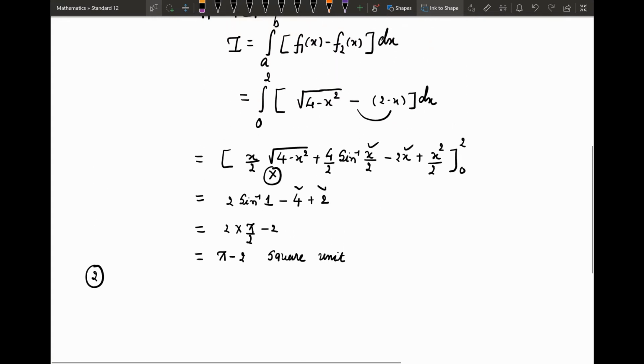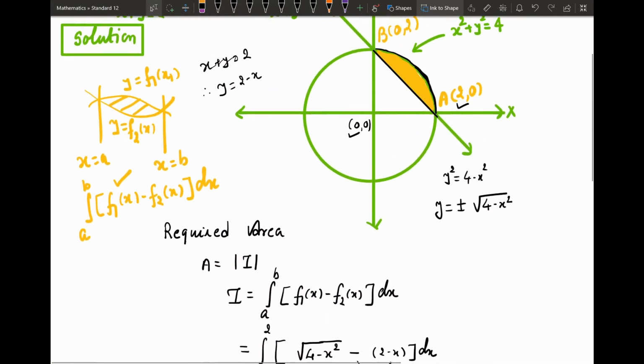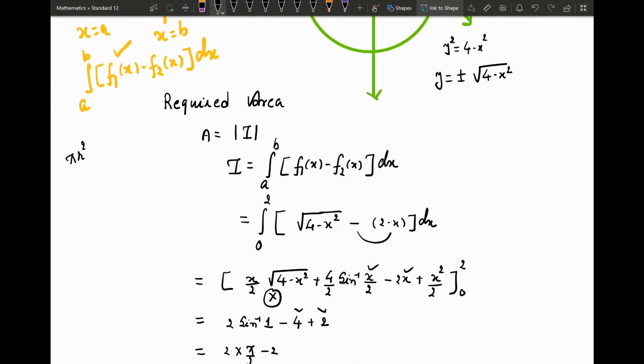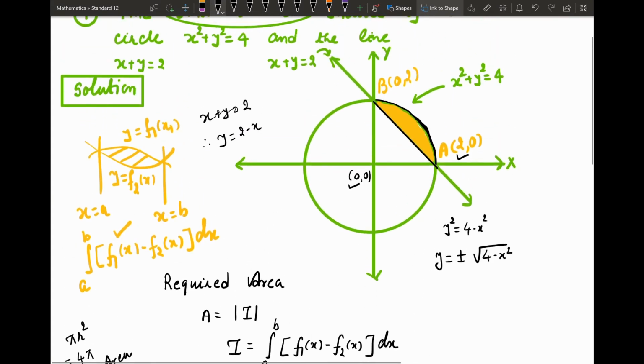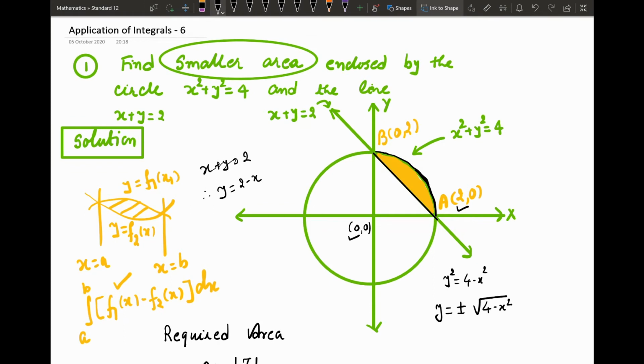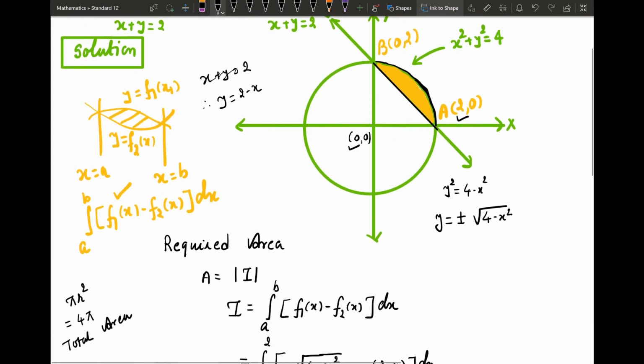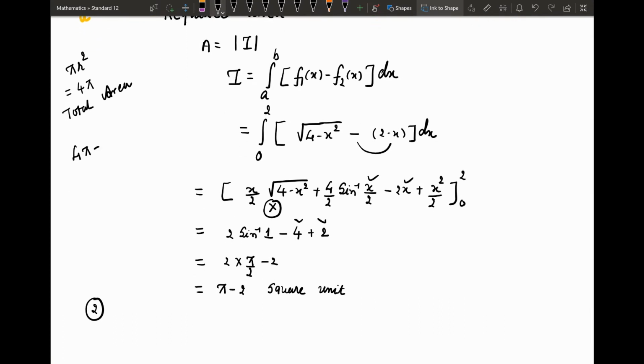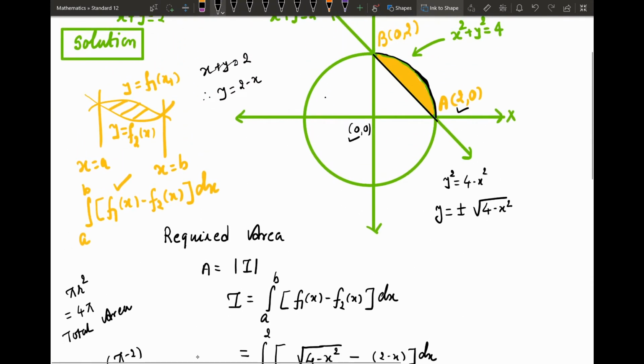Now in the previous sum, to find the bigger area, what is the area of the circle, pi r square? So r square is 4, pi times 4, this is the total area. So if there is a question to find the bigger area, then we have to subtract the smaller area from 4 pi. So 4 pi minus pi minus 2, this will be the area of the remaining bigger portion.